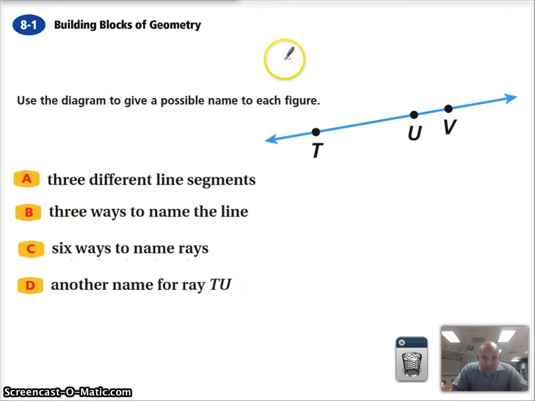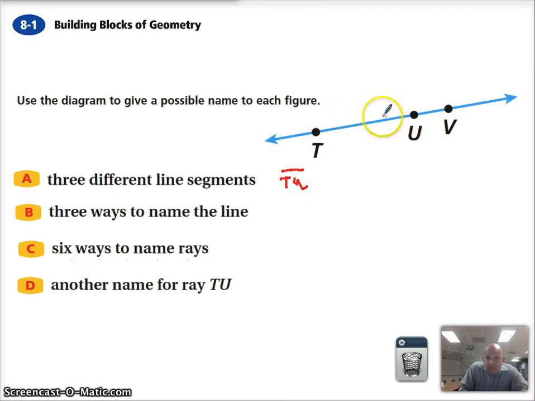Here's example number 2. It says use a diagram to give a possible name to each of these figures. It says 3 different line segments. Well, remember, line segments do not extend forever. They have endpoints. So I've got TU, and that's just a line segment. The line segment doesn't have any arrowheads, TU.